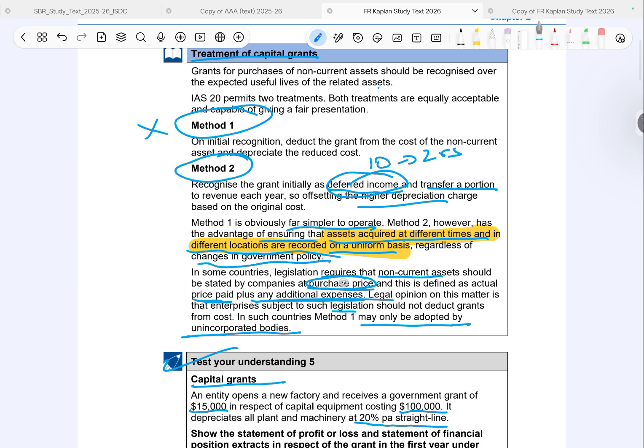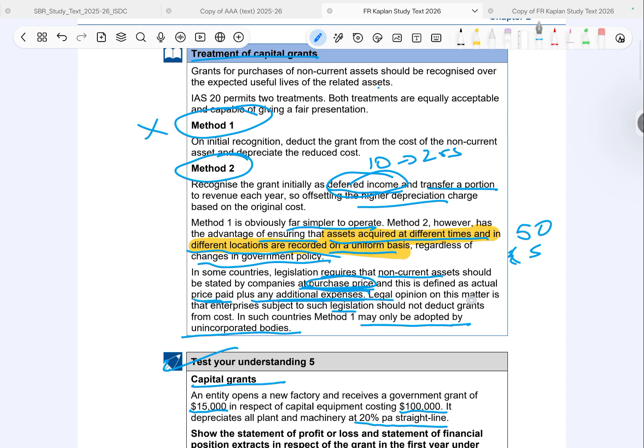In some countries, legislation requires that non-current assets should be stated by companies at purchase price, and this is defined as actual price paid plus any additional expenses. So let's say we bought an asset for 50 and we had to pay 5 more rupees for transportation cost, or maybe to assemble the equipment. That is also going to be included in our purchase price.